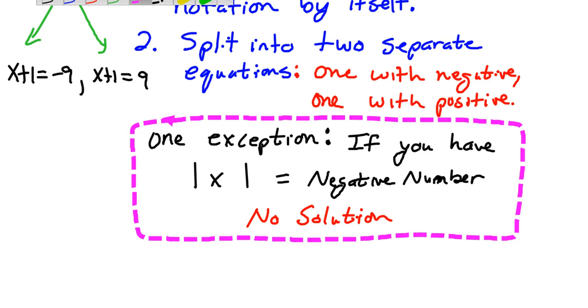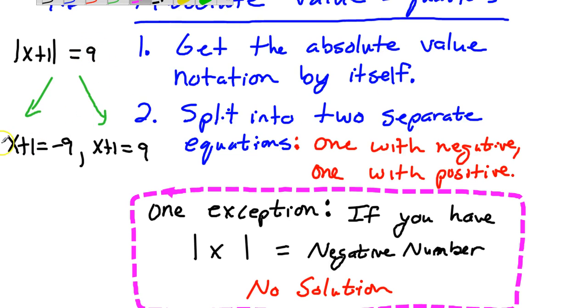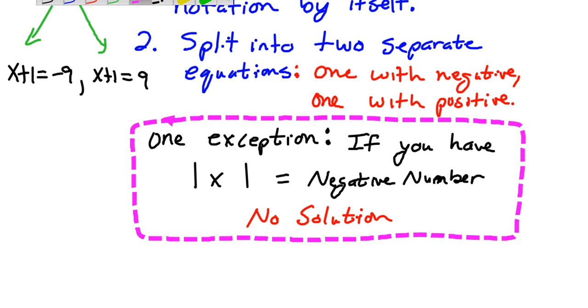Okay, so once you split it up into the two parts, this one wasn't a negative number. If we back up here, this one was a positive 9, so we're good. We don't have to worry about it. Once you split this thing into two parts, the last thing you're going to do is just solve each equation.